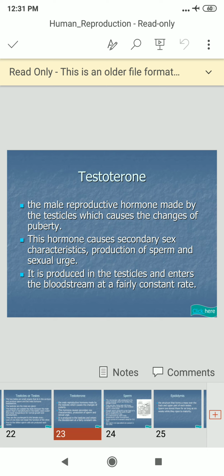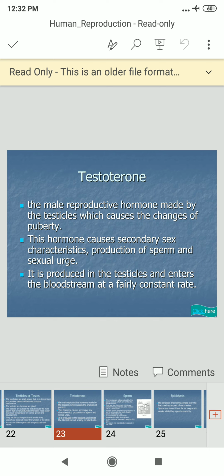These hormones cause secondary sex characteristics, production of sperm and the sexual urge, and it is produced in the testicles and enters the bloodstream at a fairly constant rate.